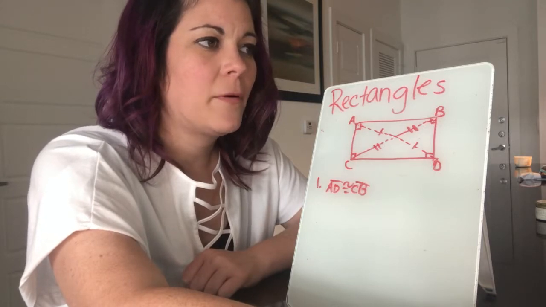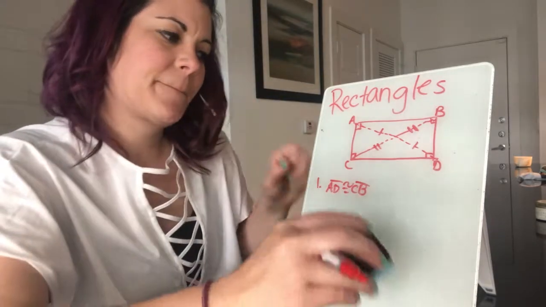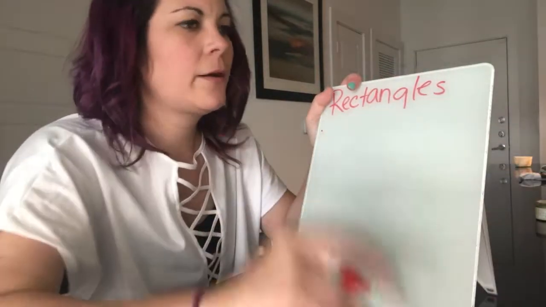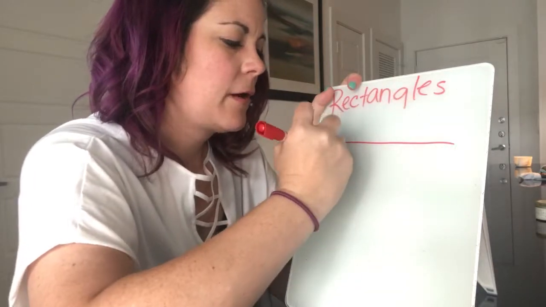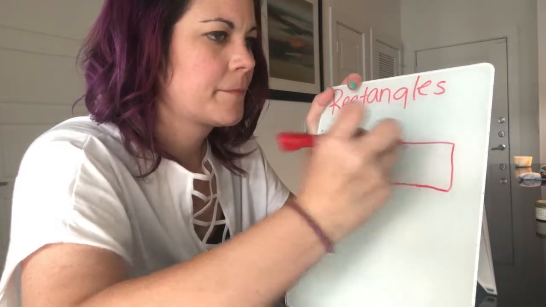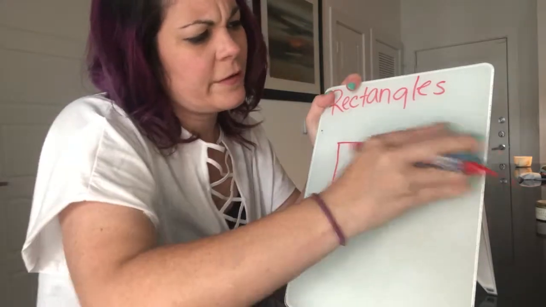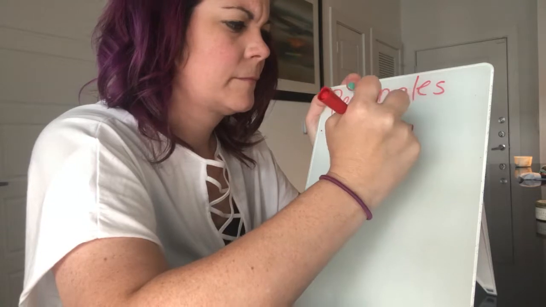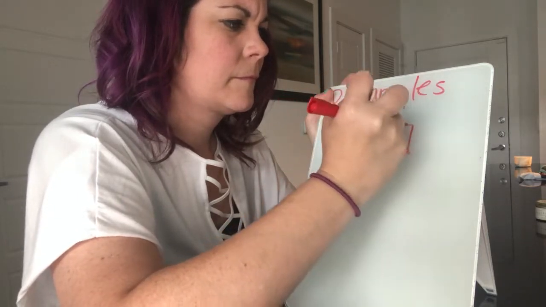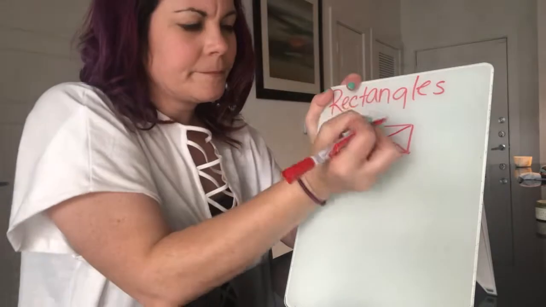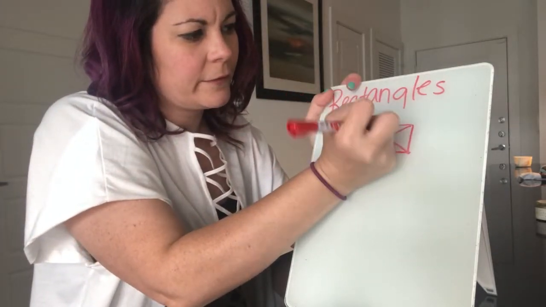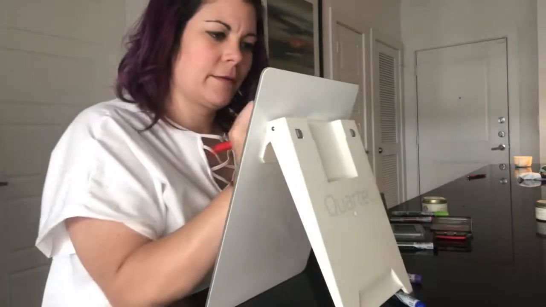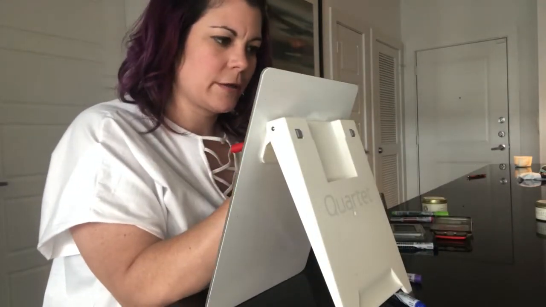So here's an example. Let me draw this really quickly. So knowing all of those theorems and properties of a rectangle, I'm going to draw this a little bit smaller. Okay, so this is 1, that is 2. I need to draw it bigger. I'm going to put this to the side really quickly so I can draw this.